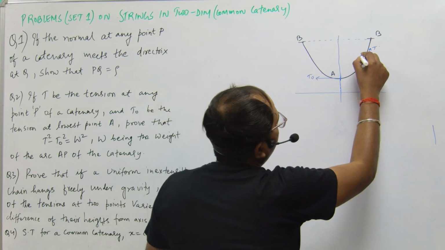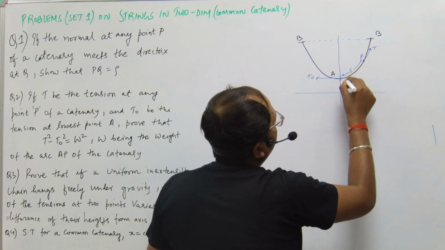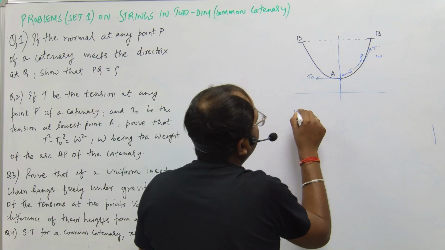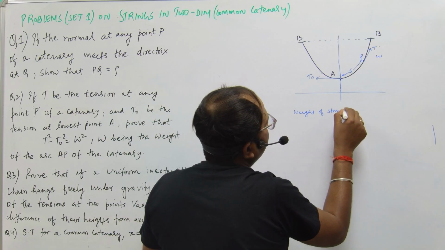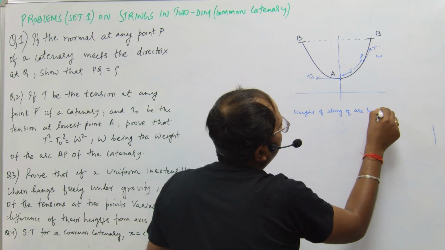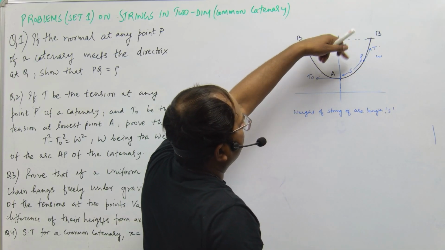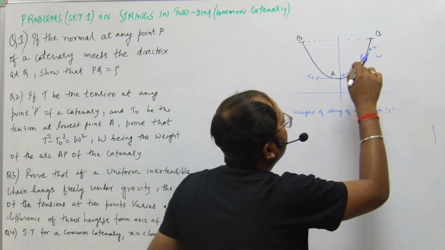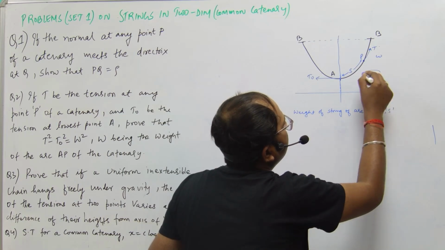So this is our point P. Let us take the arc length as s, and the weight per unit length is small w. So the weight of the string of arc length s, that is, the arc length AP is equal to s.